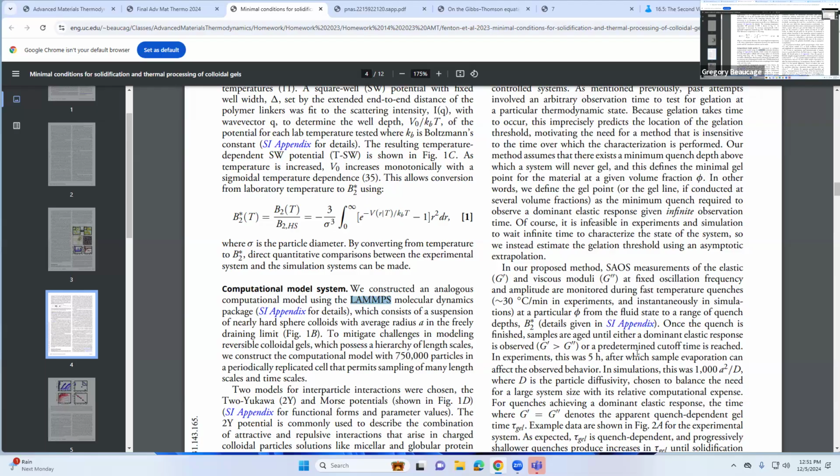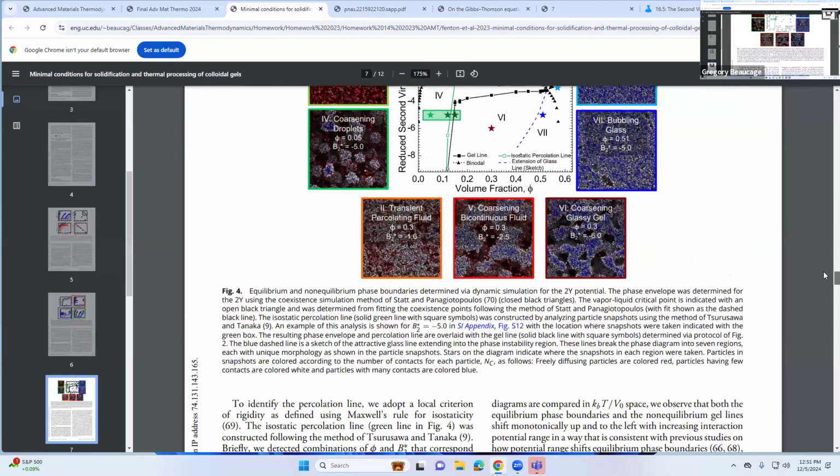This one is a kinetic model, this is a structural model, and this is a thermodynamic model. So in that final plot he's going to have three curves.